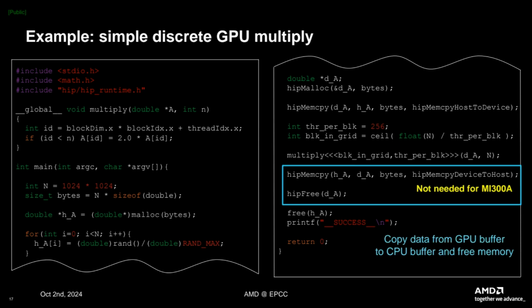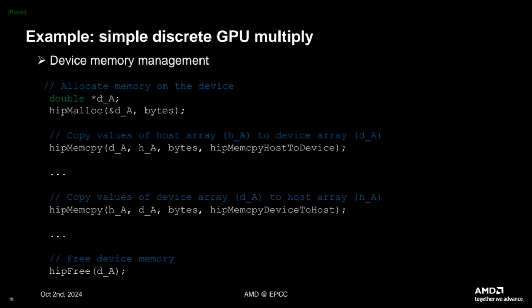And then there's another step that's needed for the discrete GPU, but not for the APU, which is the copy back from the device buffer to the host buffer, and then we are freeing the device memory. Okay, just giving a little bit more focus to what we have seen. With a discrete GPU, for better performance, it's advised to do explicit memory management.